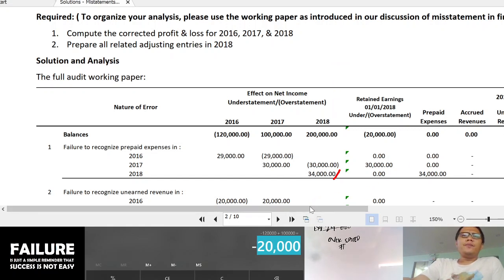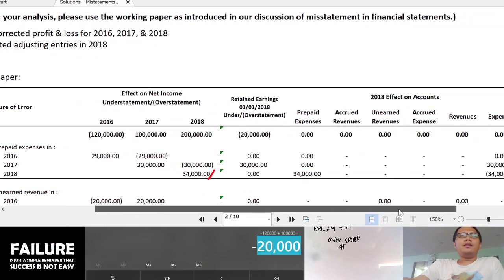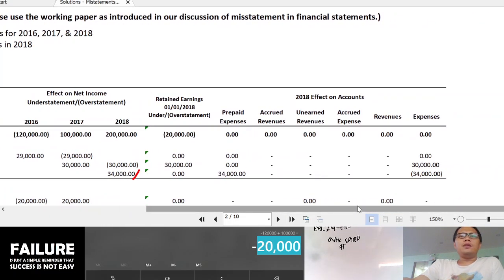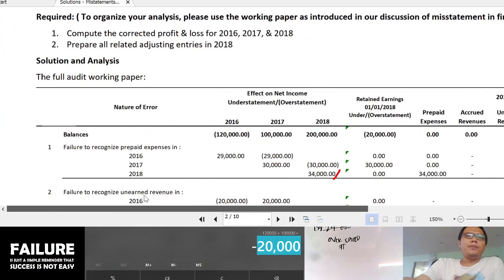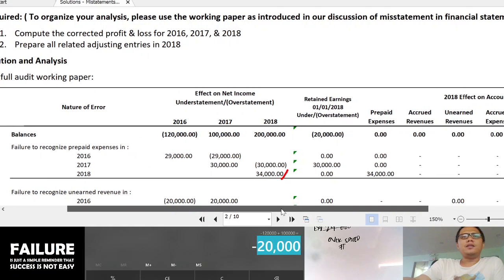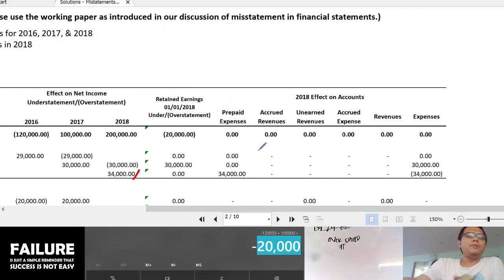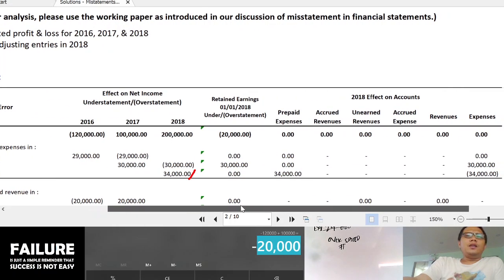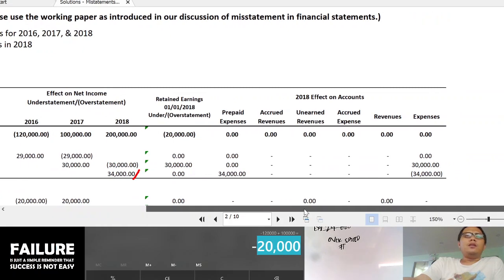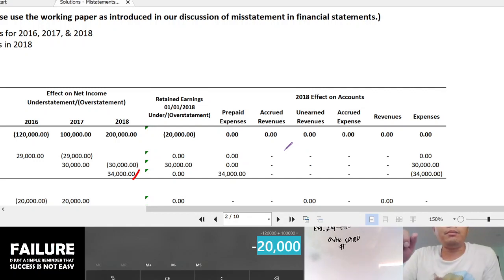Okay? So, the accounts affected, if you may notice, prepaid expenses. Number one, ito yung effect, yung apektado, 'di ba? Kasi yun nga, we fail to recognize that when it comes to the balance sheet, no? Yung prepaid expense natin. The error in 2016 and in 2017, if you remember, no?